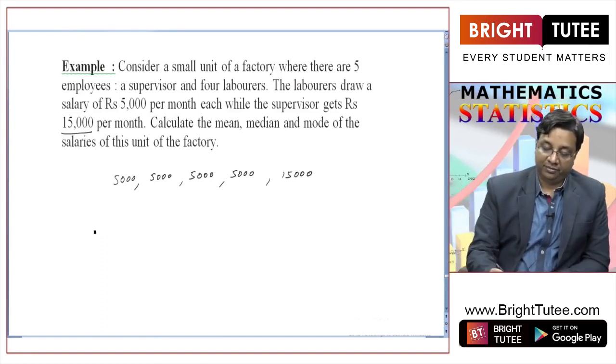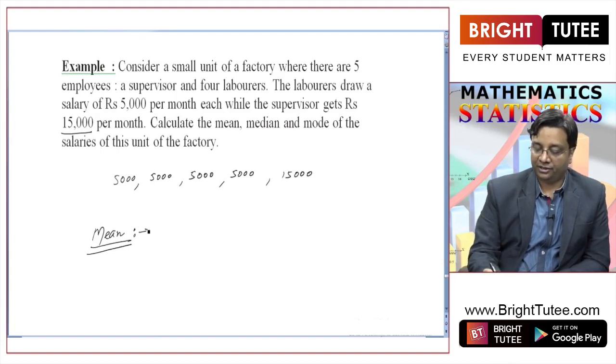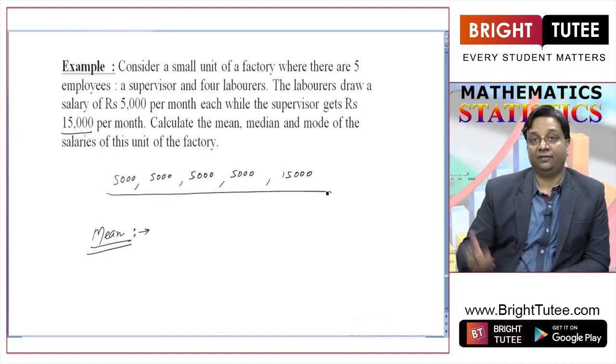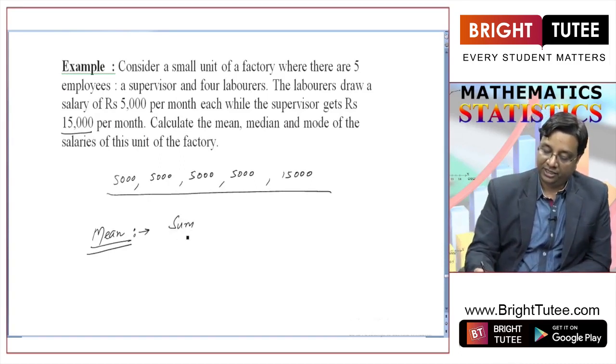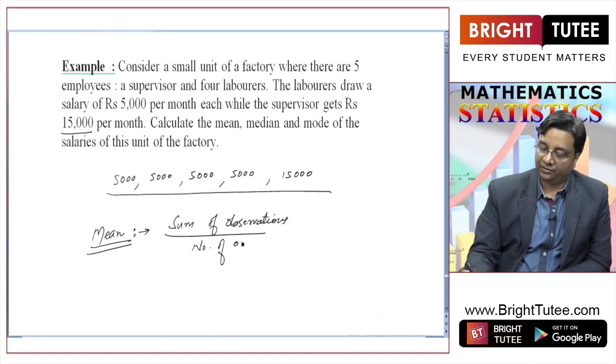Now we need to find the mean. There are two ways to find the mean. One, you can directly add these and divide by 5 because the number of observations is 5. So mean is sum of observations over number of observations in the denominator.